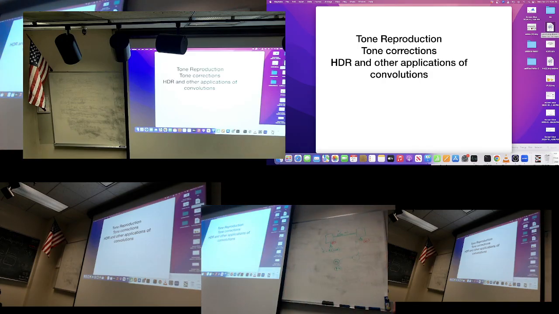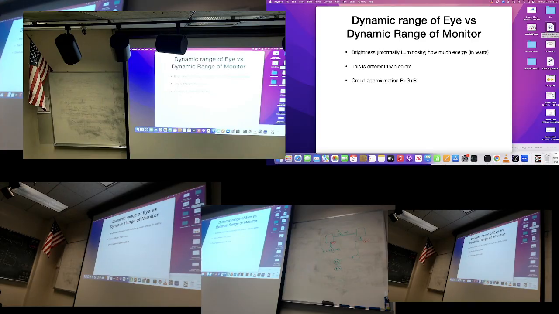Tone representation, and mostly tone correction. So, the dynamic range of the eye versus the dynamic range of the monitor. Now, very, very different, and the eye is much more sensitive.